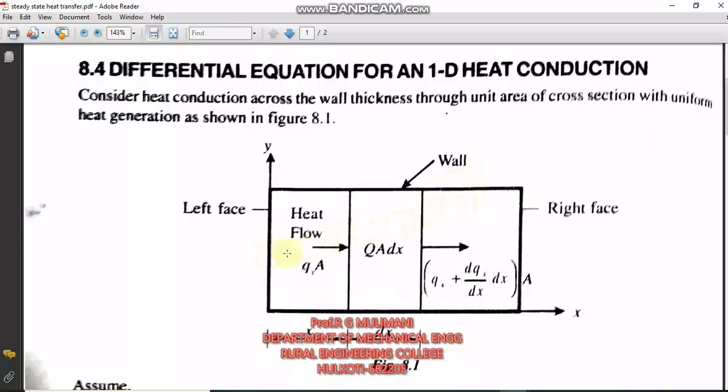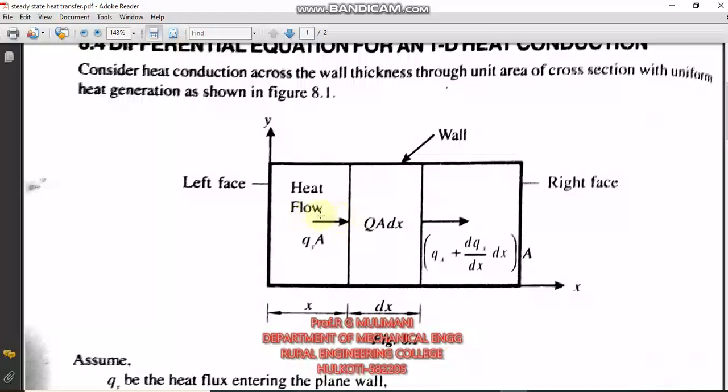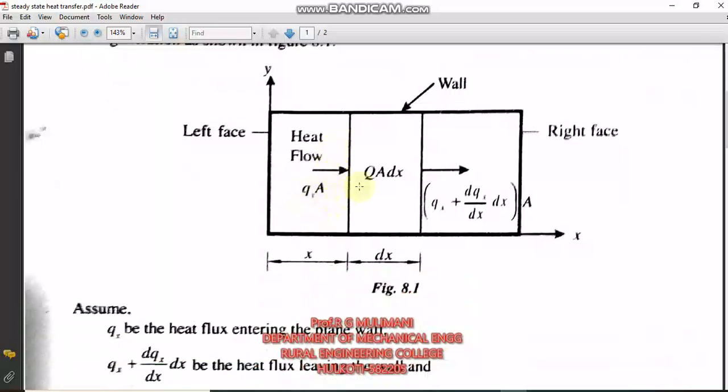Here we have taken a slab of wall thickness dx. The heat entering into the system and leaving the system is not the same; there is some change. This difference is denoted in differential form as dqx by dx into dx, where qx is the heat flux and dx is the thickness of this body.